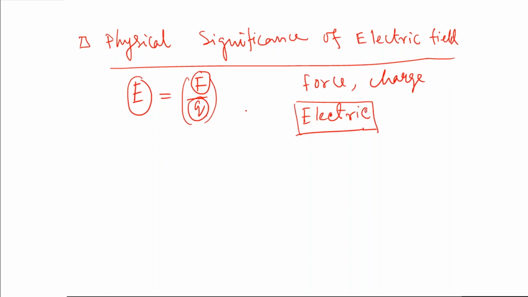But in electrostatics, it was not necessary to define electric field by another new physical entity E. Why? Because we know the force, we know the charge. So we could have said force per unit charge. But we have just taken that as a single quantity, a separate physical entity, that is electric field.